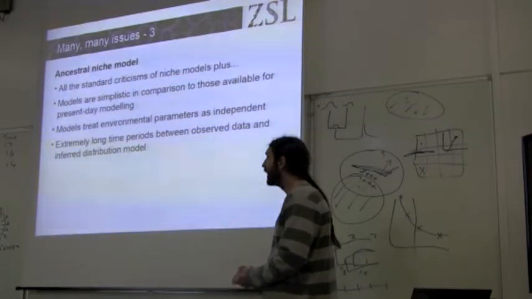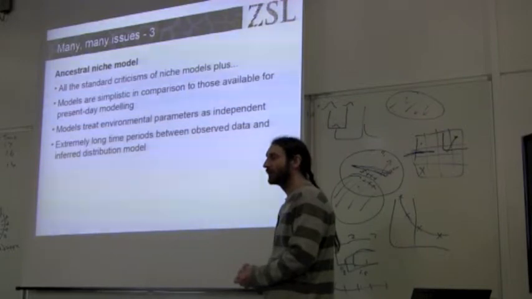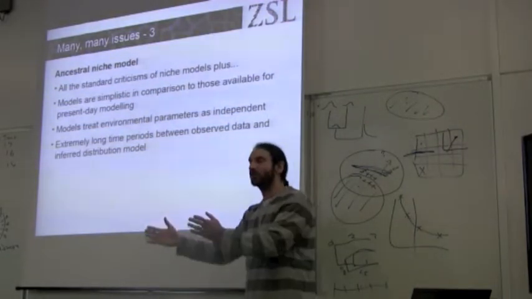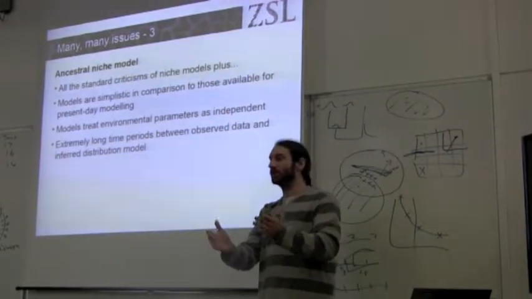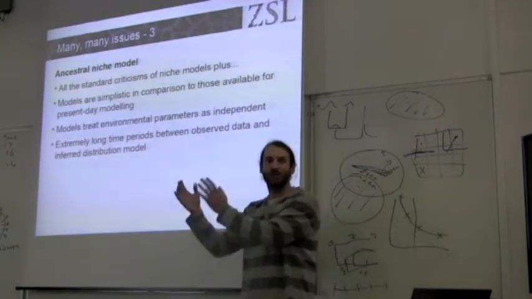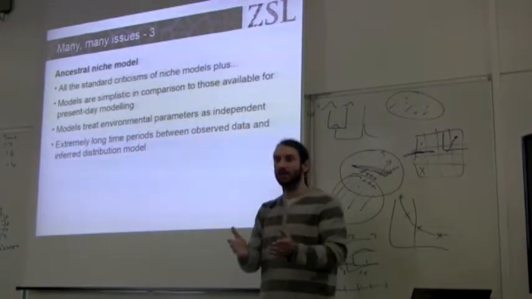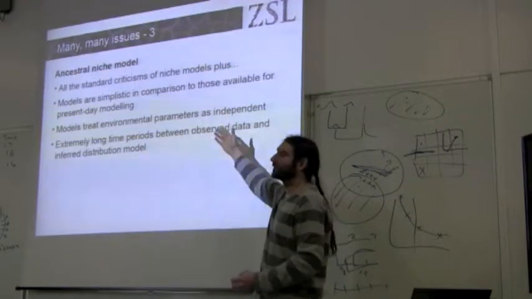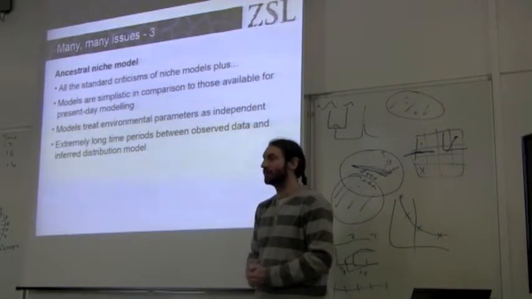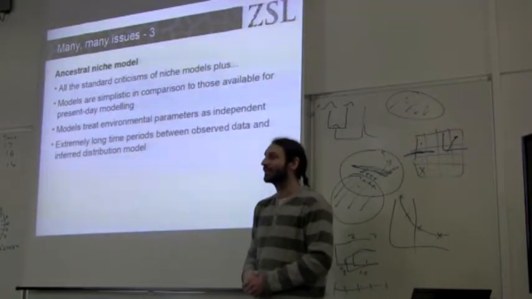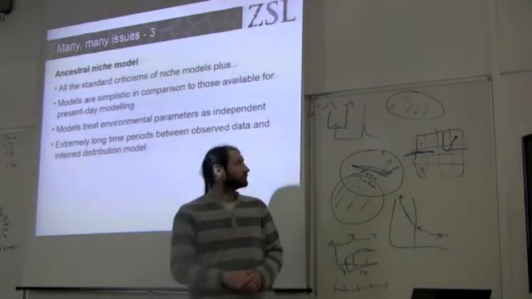But if we are reconstructing one variable at a time on our phylogeny, we have to have the assumption that each of these variables is independent, and bioclim has that assumption.